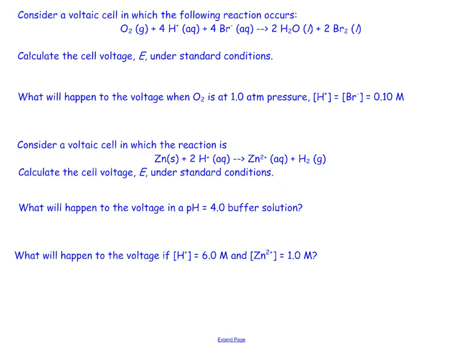When you're done with that, figure what happens if we decrease the concentration of hydrogen and bromide ions to 0.1 molar. And then the second one, you're also going to calculate the cell voltage under standard states, and then calculate it if you change the hydrogen ion concentration. So pause the video, and when you're finished figuring these out, take a look.